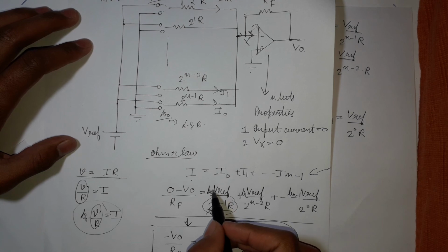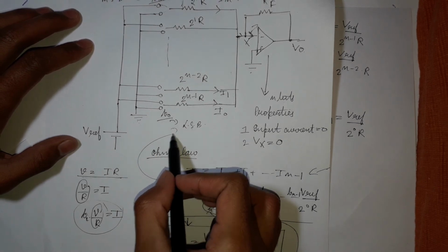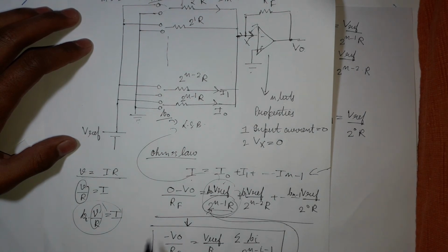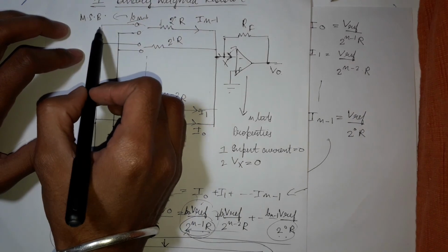So that means it will have very less effect, that is, its weight is very less. So we say LSB is B0. Similarly, for B n minus 1, we have less resistance compared to all of these other resistances. So we say its weight is highest. So it is the most significant bit.